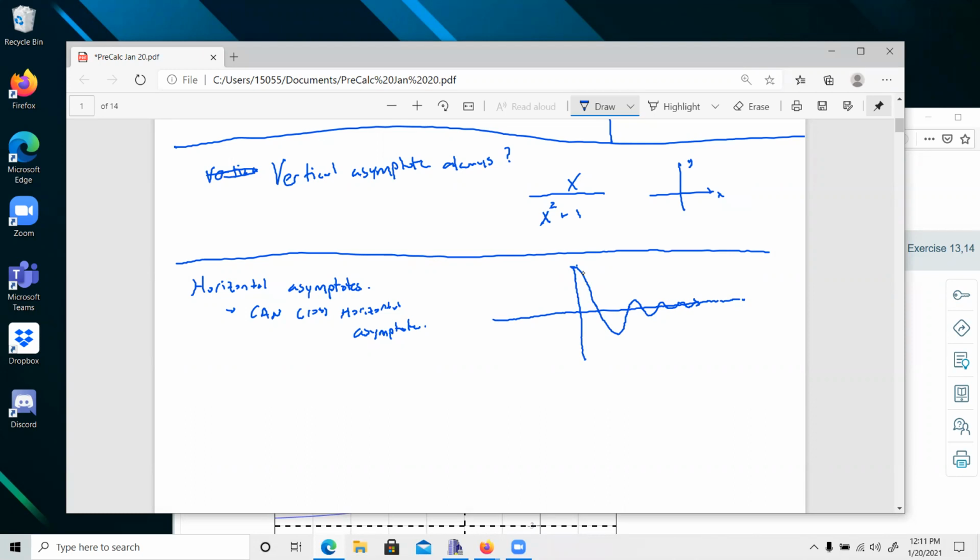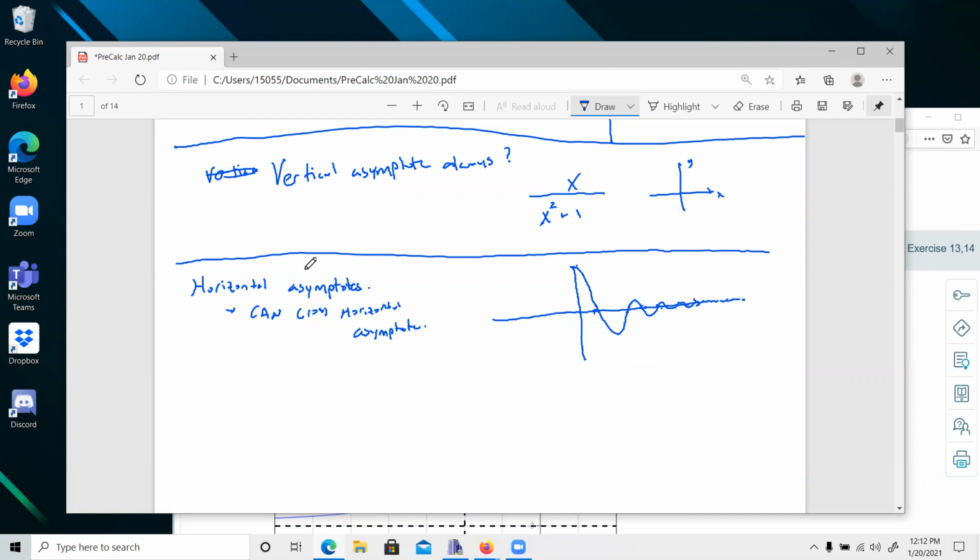We still consider this to be an asymptote, even though your function may cross it an infinite number of times, and we treat it like an asymptote. There's no rule on how many times it can cross. It can cross once, twice, or a lot.